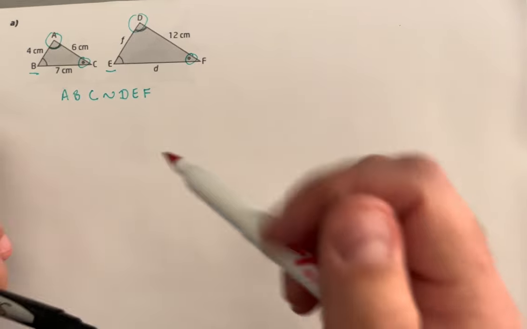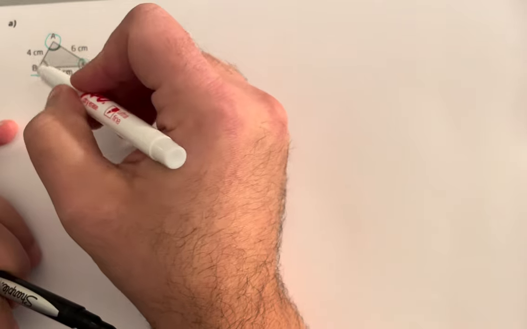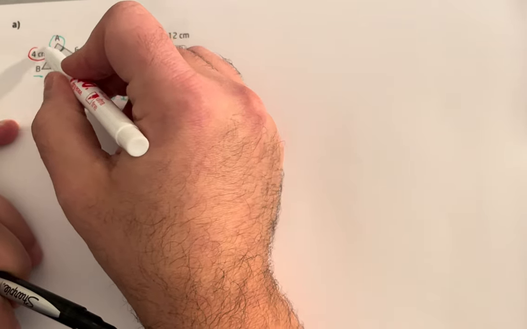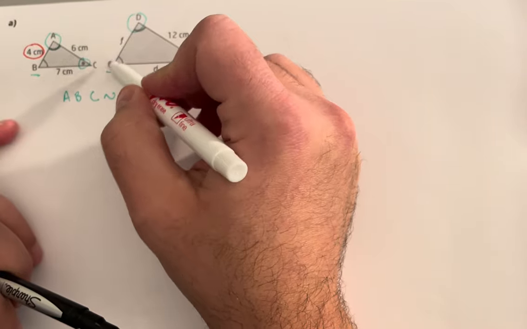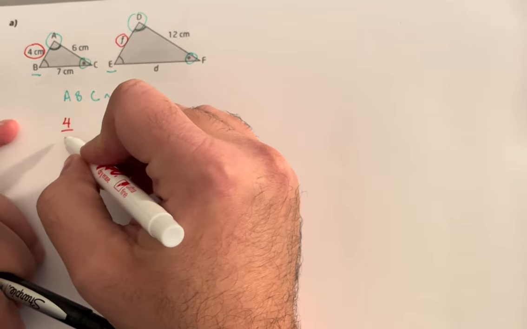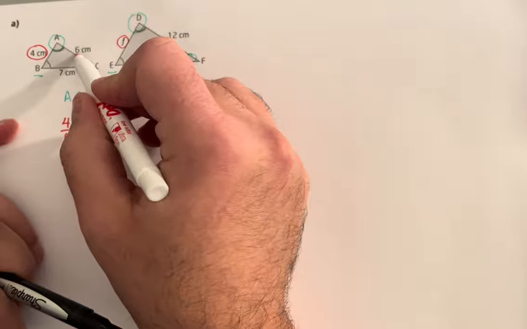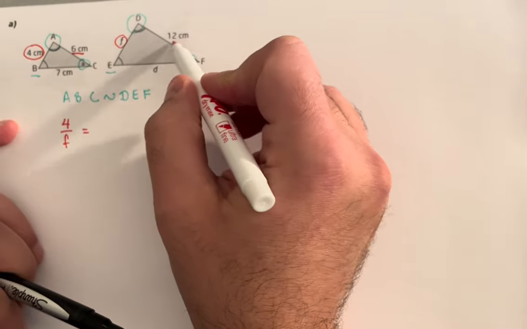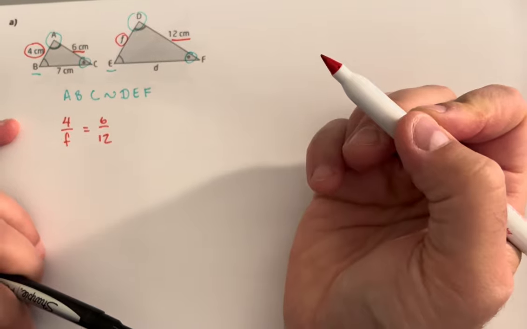So how does that help us? Well, that means that we can say that, for example, the ratio between side AB and side DE, so that ratio is the same as the ratio between AC and DF, right?